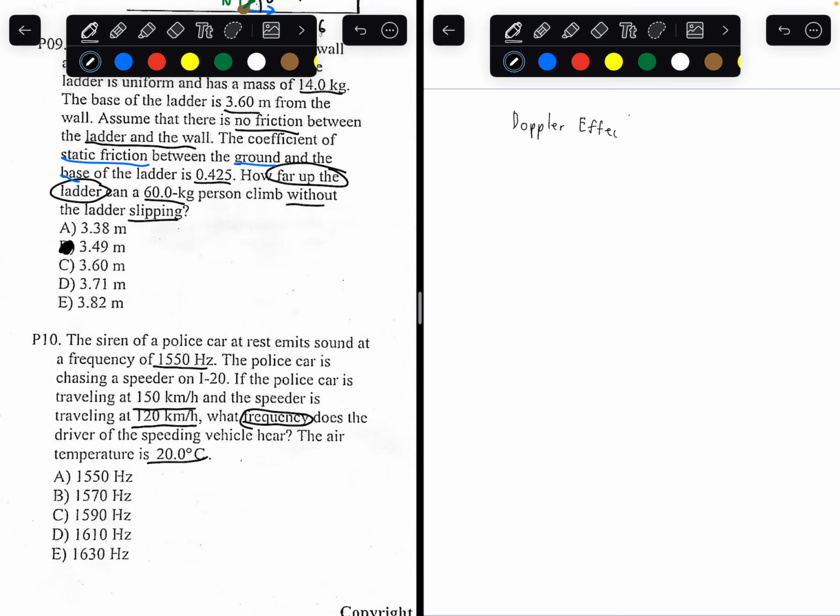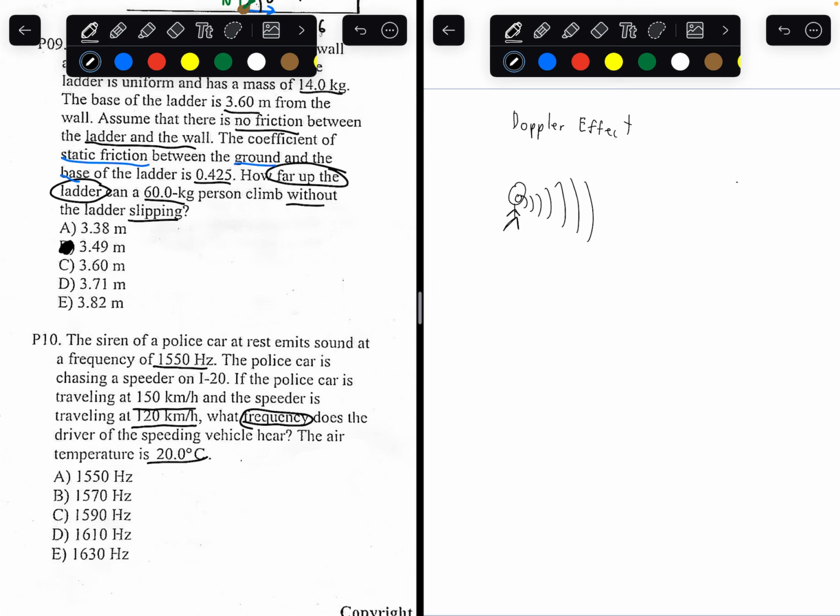So what is the Doppler effect? The Doppler effect states that the frequency observed changes based on the velocity of both the source of the sound and the object that's hearing. The way I could draw it is, let's just say there's a man, and he's yelling, letting sound waves exit out of his mouth.